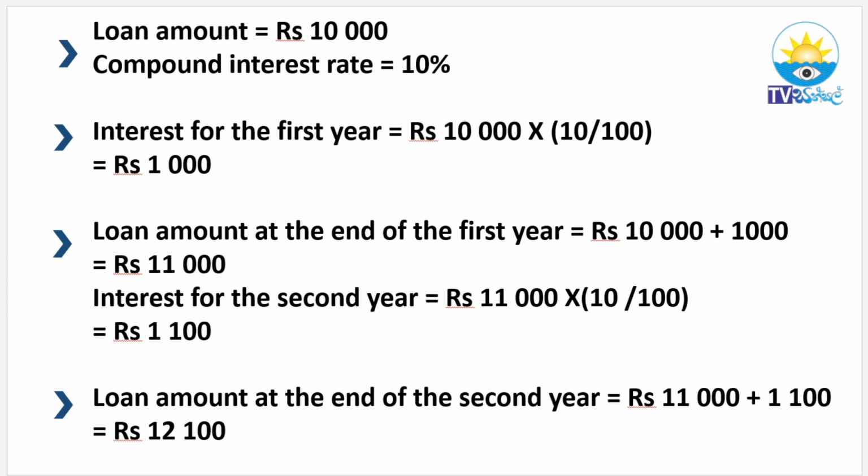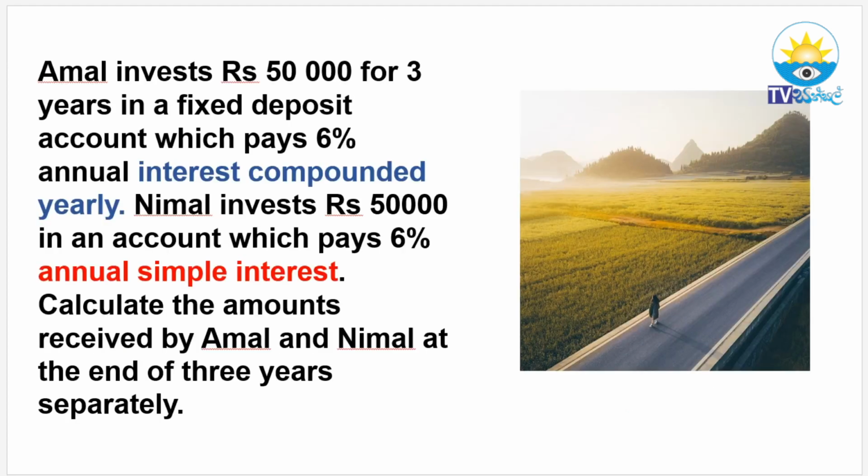I would like to introduce you the questions that you have to face in your O-level examination. Look at the question, children. I would like to invite you to read it at least twice. Amal invests 50,000 rupees for 3 years in a fixed deposit account which pays 6% annual interest compounded yearly.